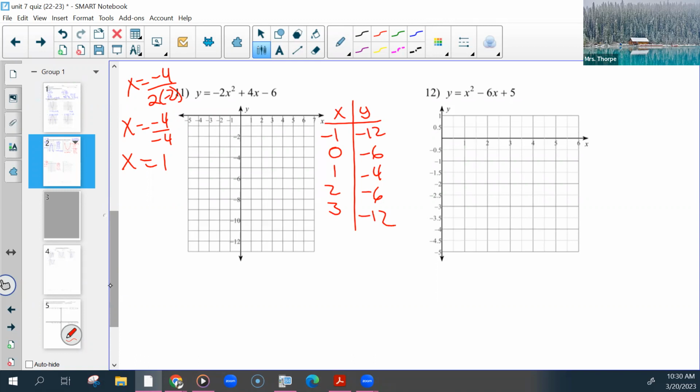So it'll look something like negative 1, negative 12, 0, negative 6, 1, negative 4, and then repeat. Something like that. And this again did not cross the x-axis, so this was no solution. What questions do we have on 11?